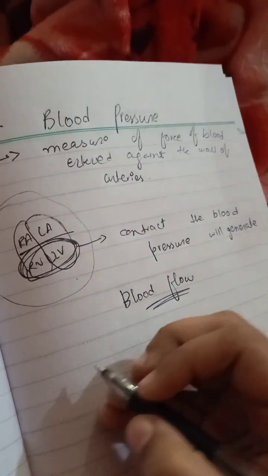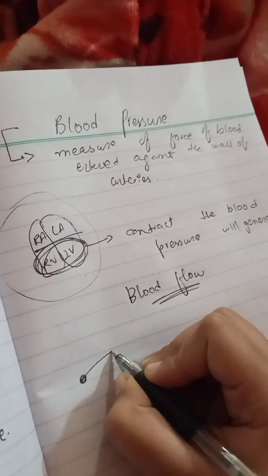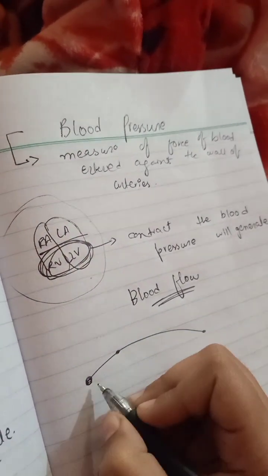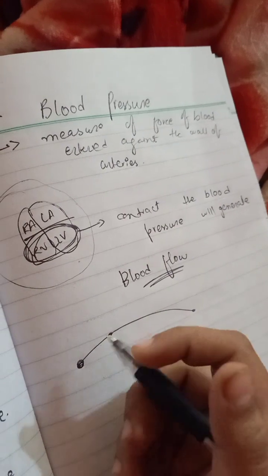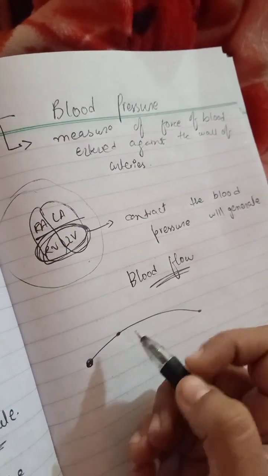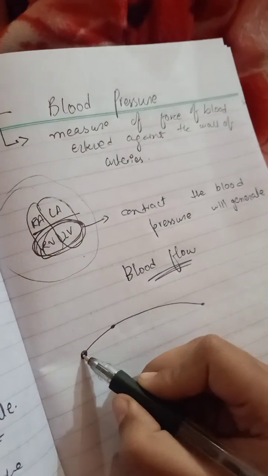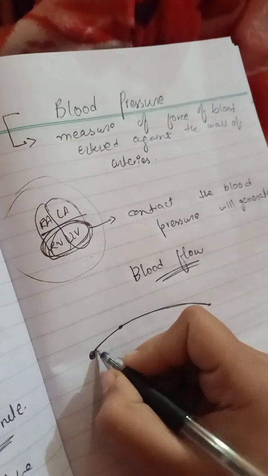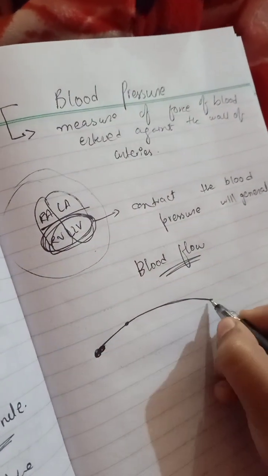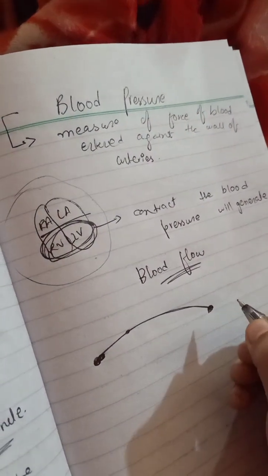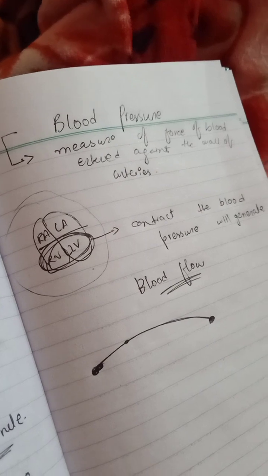For example, if there is a pressure, here the pressure will be more as compared to here. Like water moving from here to here, the pressure is more here but less as compared to this. Blood pressure is like that.